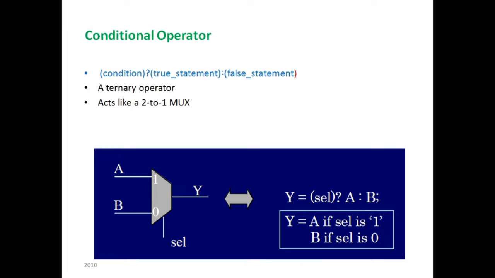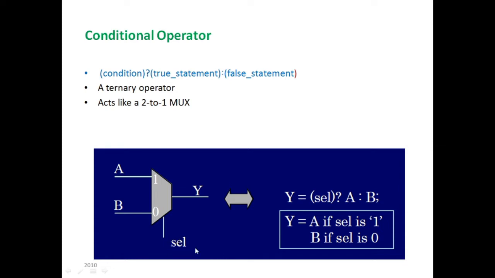The condition expression is first evaluated. If the result is true, then the true expression or the true statement is evaluated as the output. If the result is false, then the false expression or statement is evaluated as the output, like you can see. So here I am having the condition expression, select. It may be a 1 or it may be a 0 because we have 2 choices.